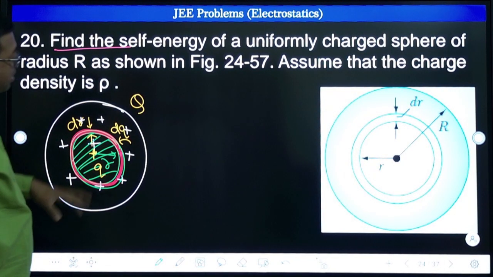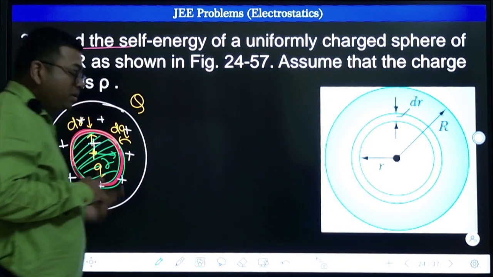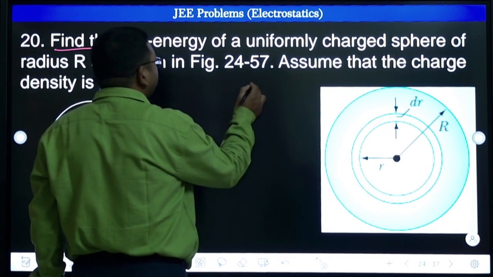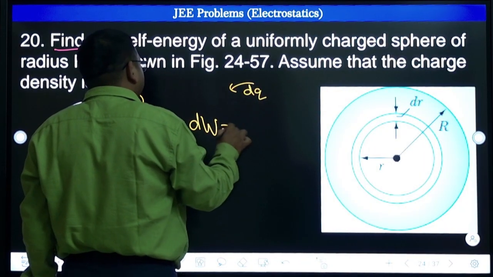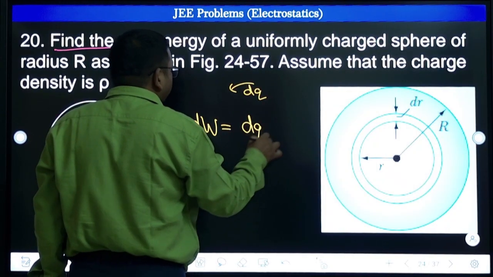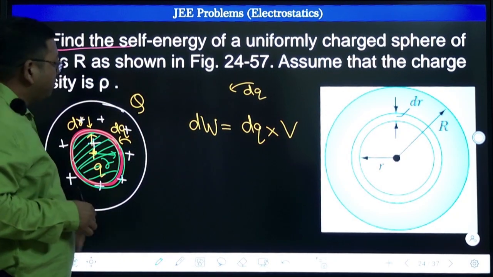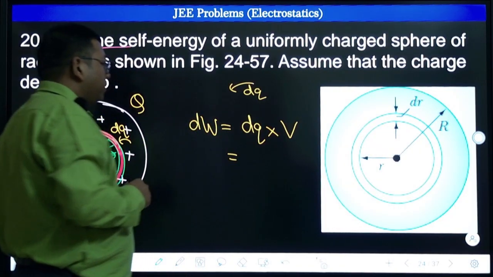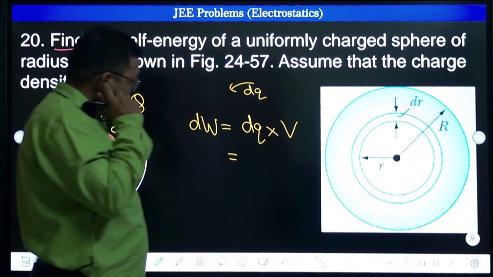While you are making this, what is the energy? Already you have made this solid sphere of charge small q. You are bringing this dq from infinity. So what is the small work done? That charge times the potential V of the surface. dq is the charge, but this dq you need to consider in terms of density.